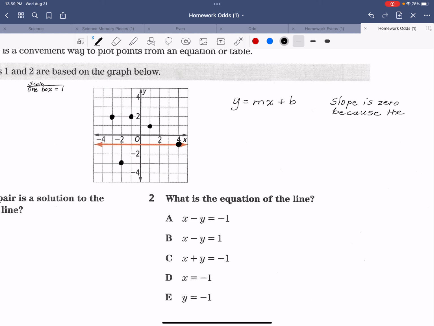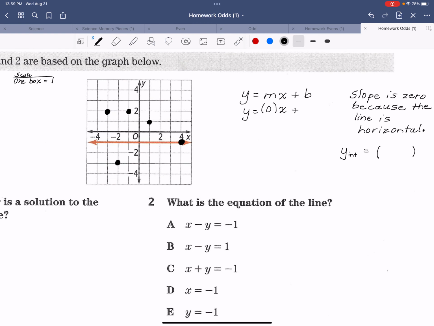The line is horizontal. So m, which is slope, is 0. Now, we need to determine baby b. So we need the y-intercept, and that is a point.